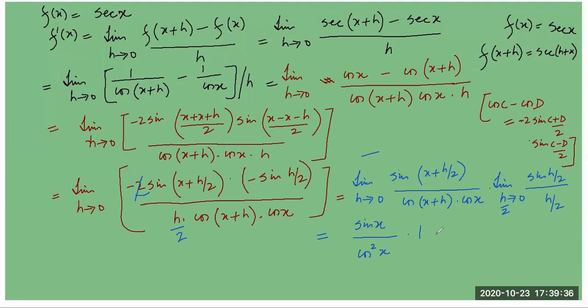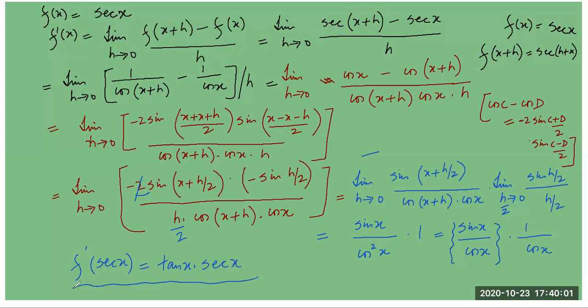So I can write it like this, sine x by cos x. You know what this is? This is tan x into 1 by cos x. So the derivative of secant x, students, is equal to tan x into secant x.